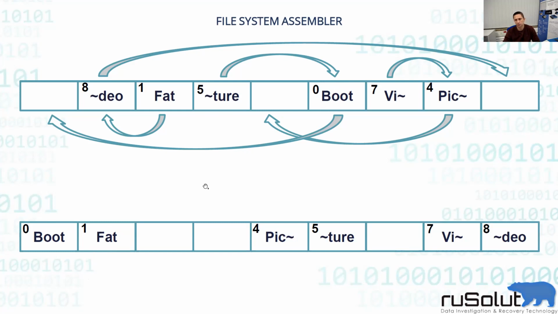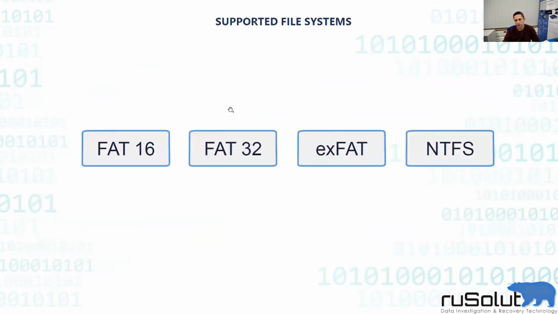So sometimes, if some requirements are met and you get enough luck, the file system will be recovered too. However, the main result of our file assembler, I believe, is the files themselves. For now, these file systems are supported for recreation: FAT16/32, exFAT, and NTFS.